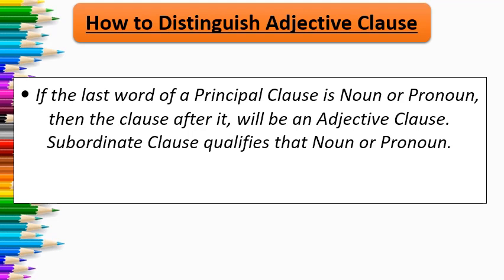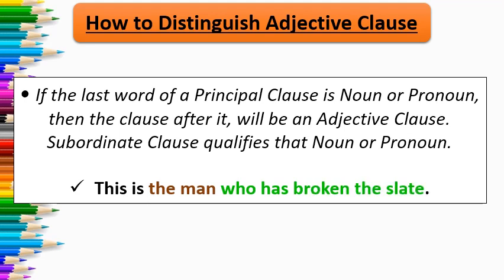To clarify it, let's see an example. This is the man who has broken the slate. So as you can see, "This is the man" is the principal clause. "Who has broken the slate" is the dependent clause, or you can say subordinate clause. The man is a noun.